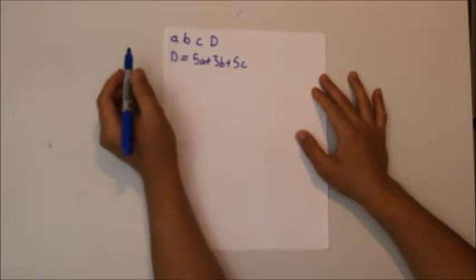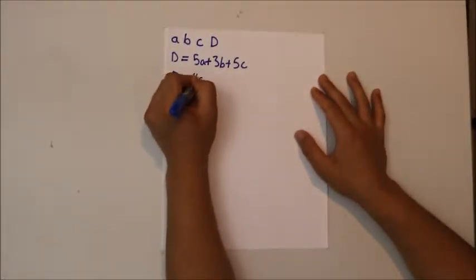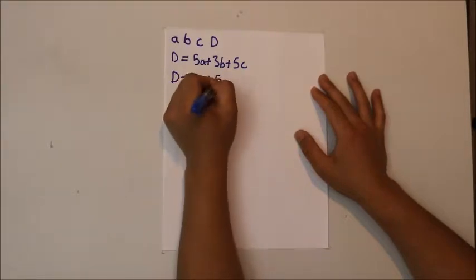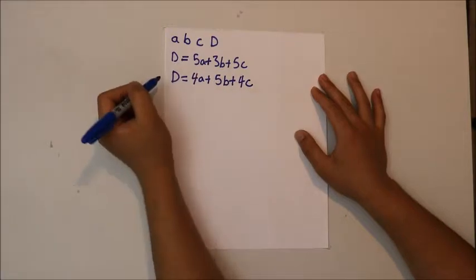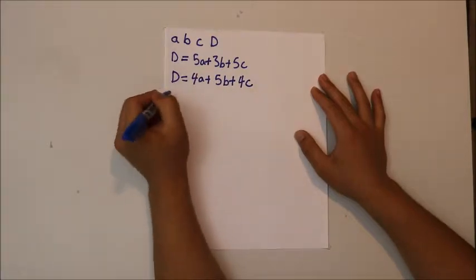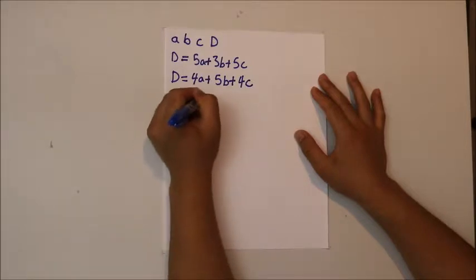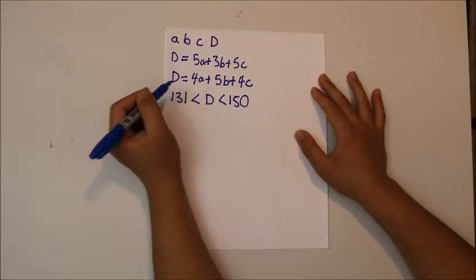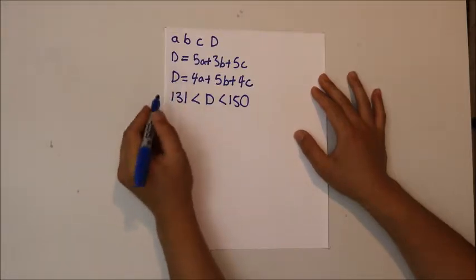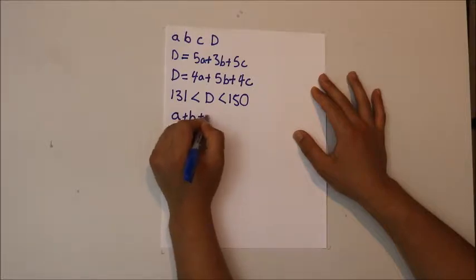It is also known that d is equal to 4a plus 5b plus 4c. Also, d is an integer between 131 and 150. So what we are trying to solve today is the value of a plus b plus c.